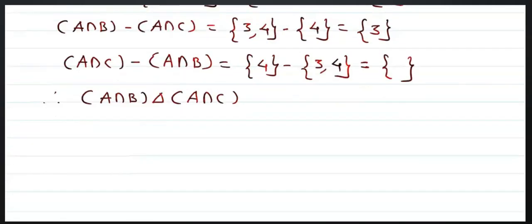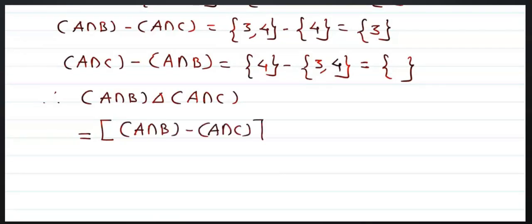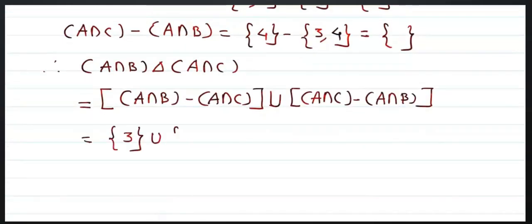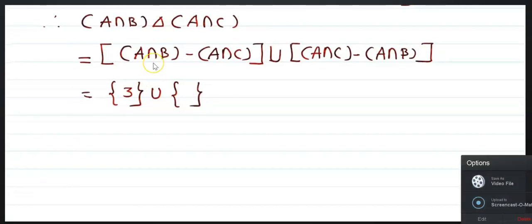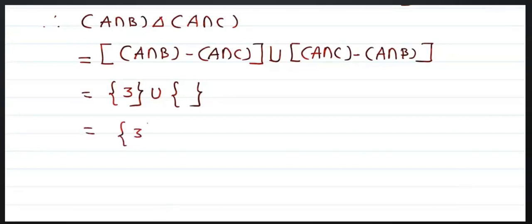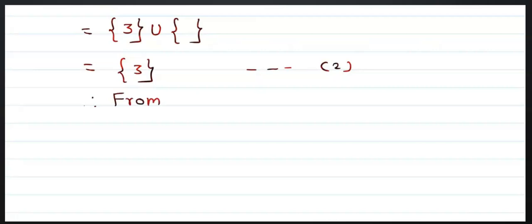And hence A intersection B symmetric A intersection C is equal to, now this is again written as A intersection B minus A intersection C union A intersection C minus A intersection B, and therefore {3} union the empty set, and that is equal to {3}.